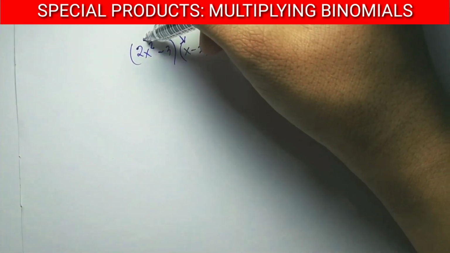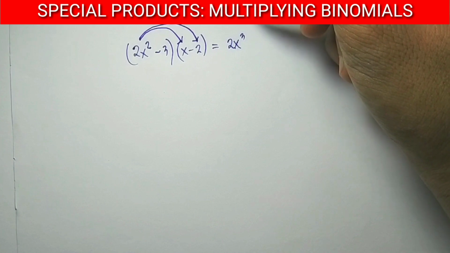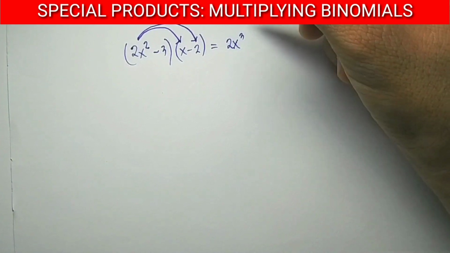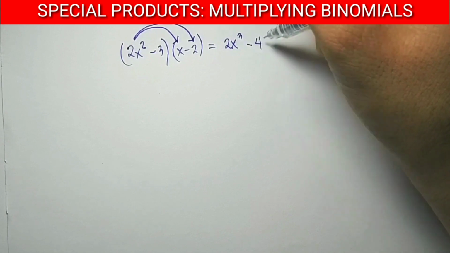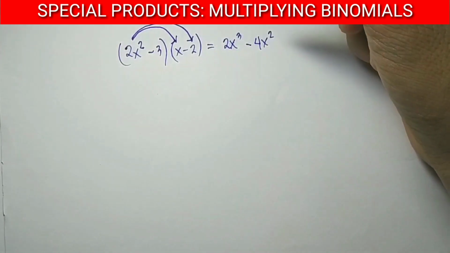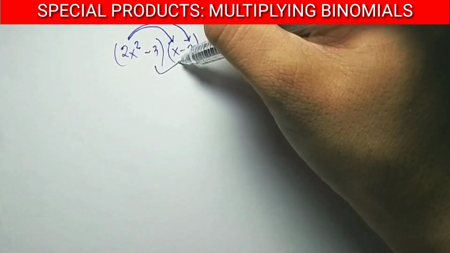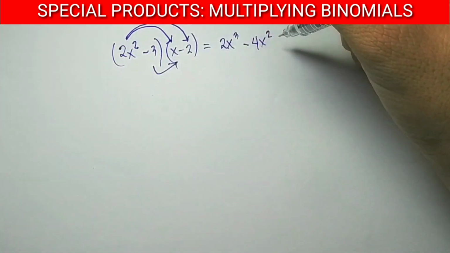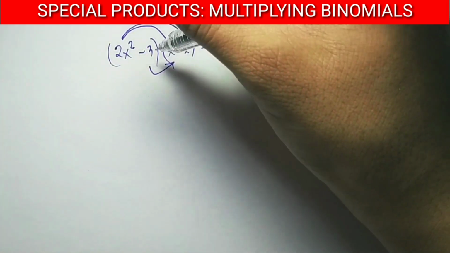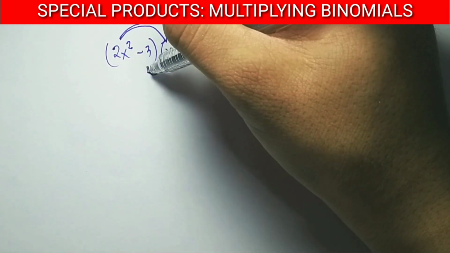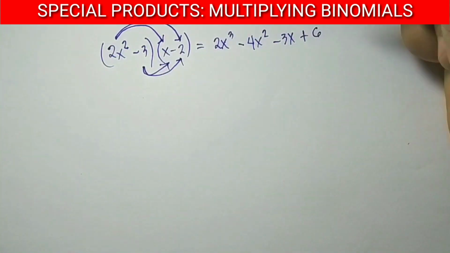Next is 2x squared times negative 2 para man sa atong mga outside terms. That is negative 4x squared. Next, the inside terms, we have negative 3 times x, that is negative 3x. Next are the last terms. So negative 3 times negative 2, that is positive 6.